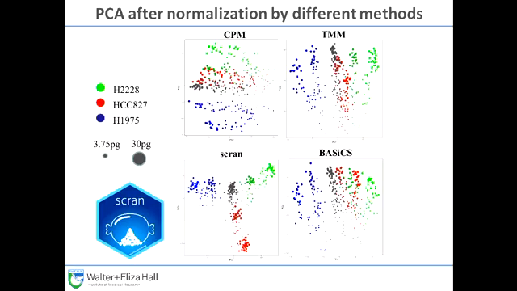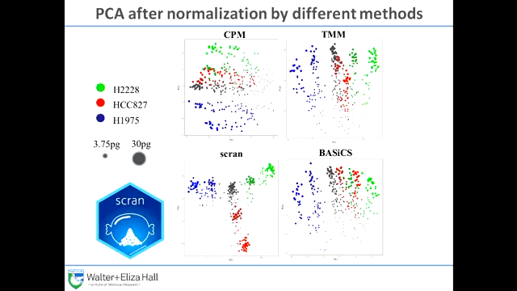SCRAN is a similar approach to TMM but designed explicitly for single-cell data, and BASICS is a hierarchical Bayesian model that also tries to do normalization of the data. And so what we're looking at here is the output of that reference data set. Again, we've got our mixtures here, and the size of the points indicates the amount of starting material.